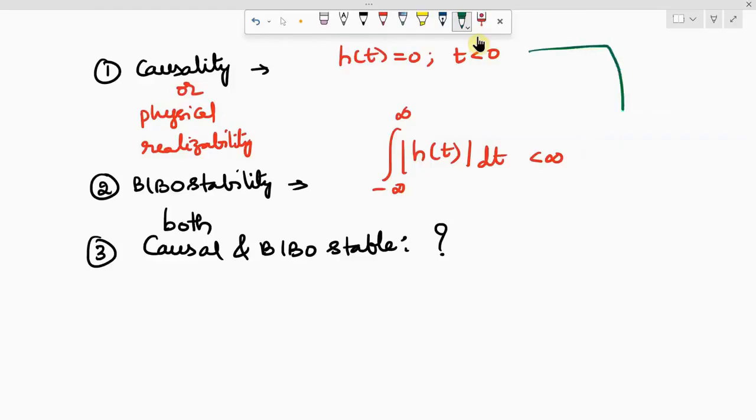You just have to combine these two and tell me what I can write. Think about h of t. Not getting an idea? You can respond, no problem. If you're not getting an idea, I'll tell you.